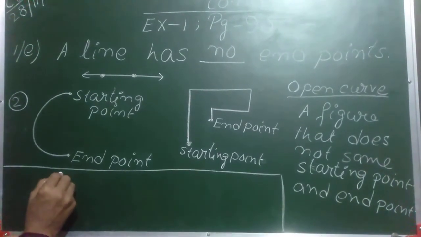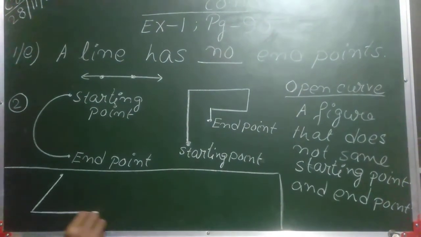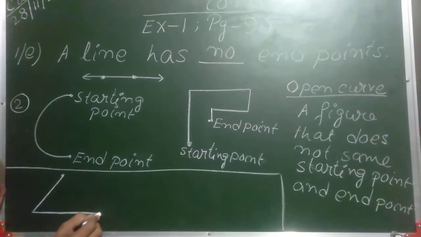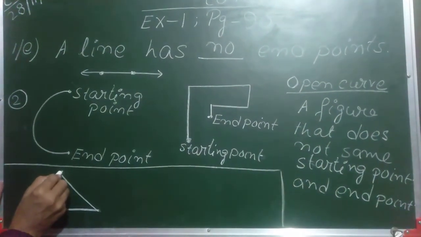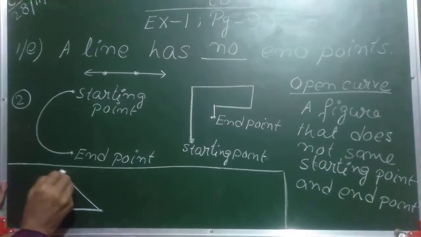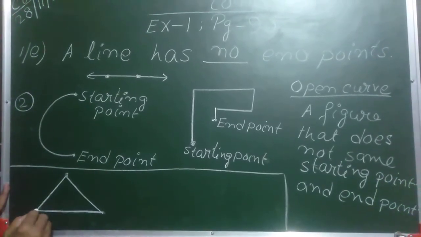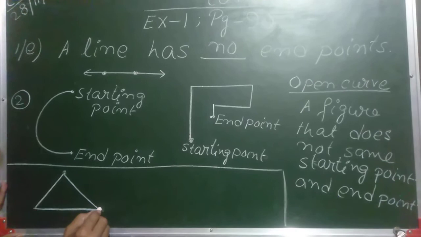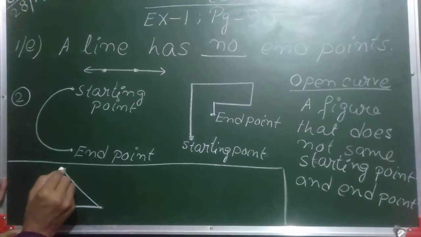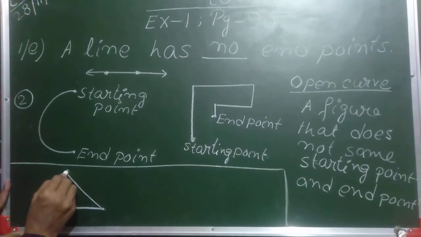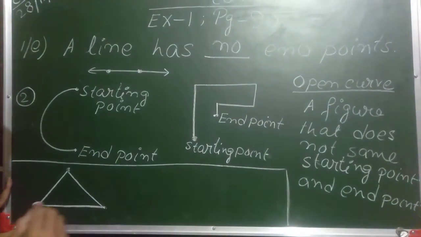This is my starting point and I have gone in this way. Then I have come here. Then from here I have reached the end point. My starting point and end point is same. I have started from here, gone here, from here gone here, and from here I have again come to my starting point. In this figure the starting point and end point are same. Hence this is a closed curve, closed figure.